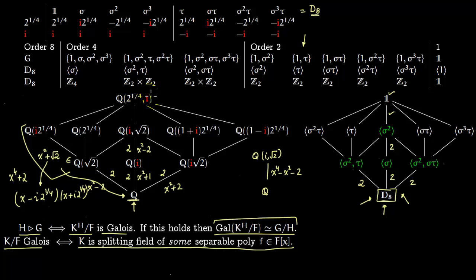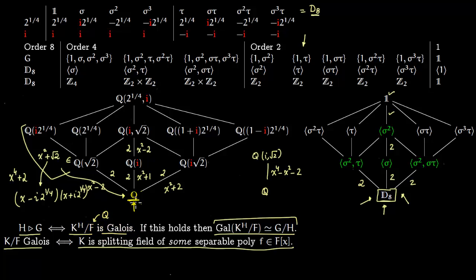Similarly, since this is an identity map here, this identity map is obviously normal in all these groups. So you can say that, if you just consider these extensions by themselves, from going from here to here, here to here, here to here, here to here, here to here, you can construct them all as normal extensions because you have the identity map here. But we are not talking about these extensions. We are talking about whether KH over F is Galois, where F is your rationals.